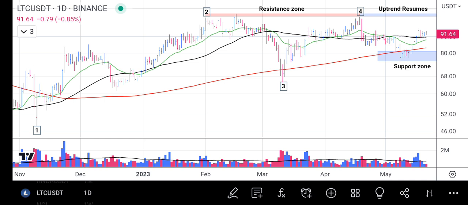From point 3, the buyers come in again, they push the price to point 4, that's its prior resistance at point 2. Then the sellers strike back again, pushing it to its support zone, which is around the 200-day moving average, before the buyers now rush in and push the price upward above the 50-day average line and now taking some breath, hoping to resume the price upward.